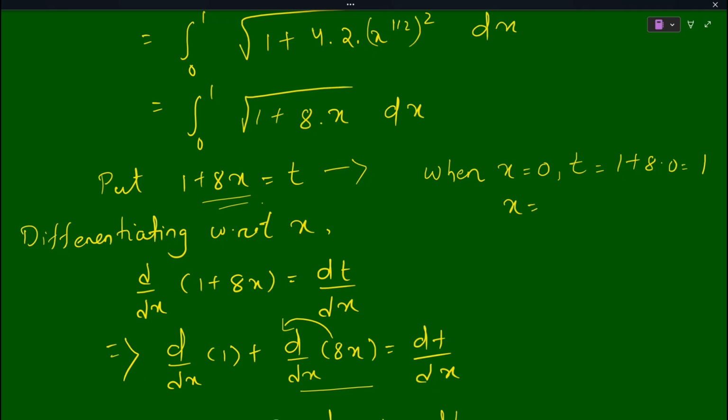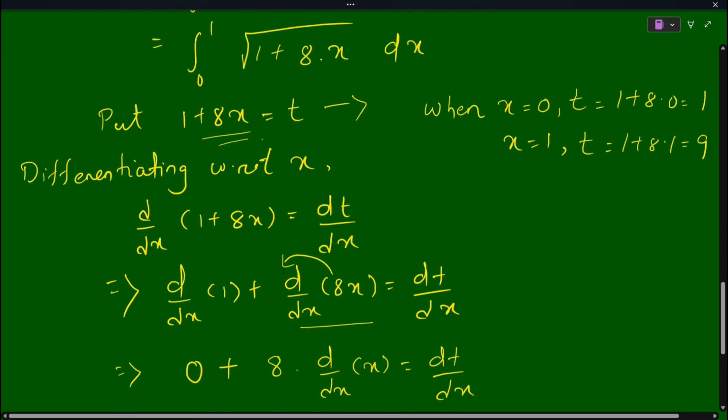Similarly, next take the upper limit. The upper limit is x equal to 1. So substitute the t value here. It will be 1 plus 8 into 1, that is 9. Okay, now we have got all the substitution values.